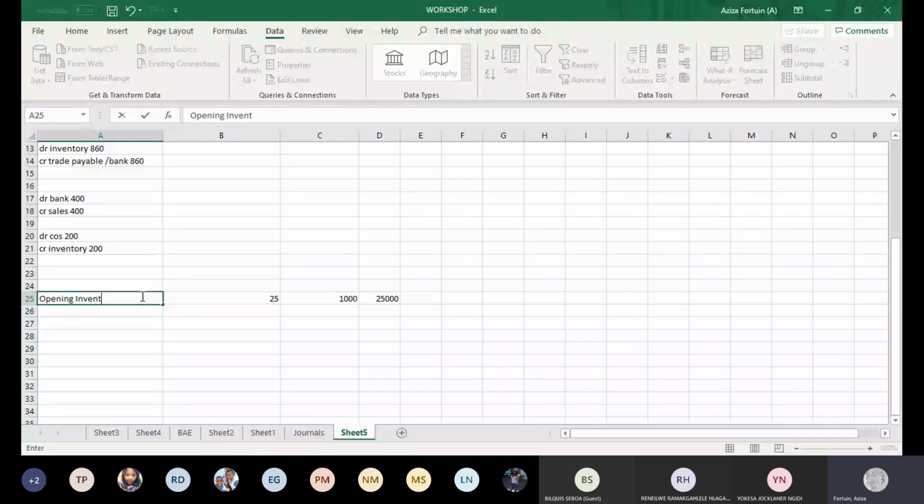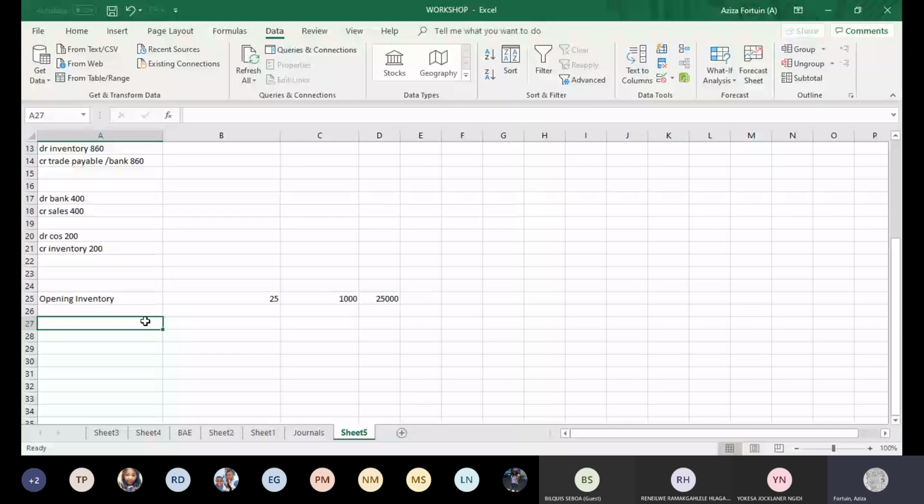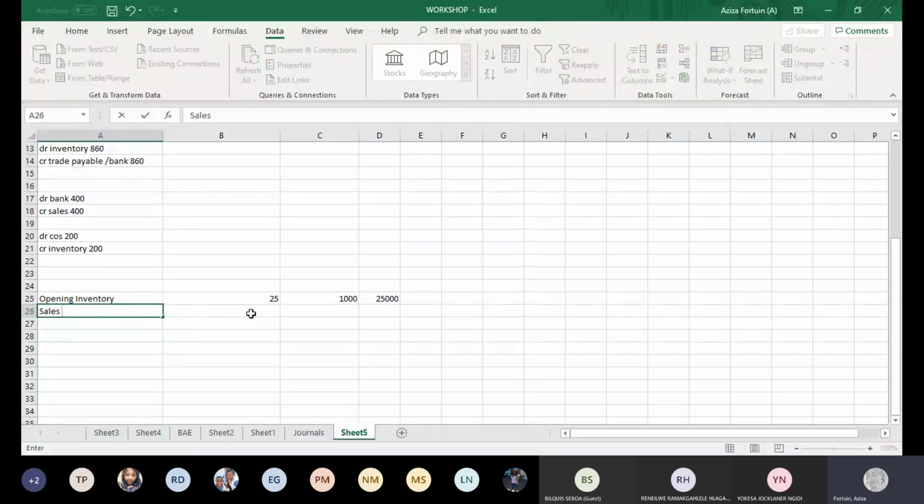Okay, so let's look at what transactions took place. On 1 April, they made a sale of 15 units. Let's put your sales, minus the 15 units, and the unit cost is 1,000.